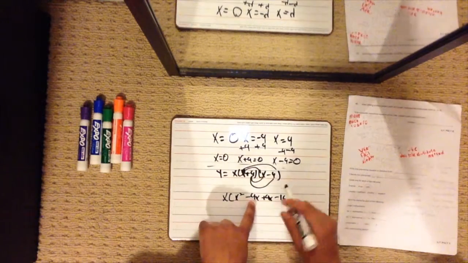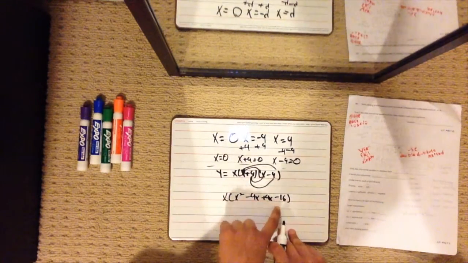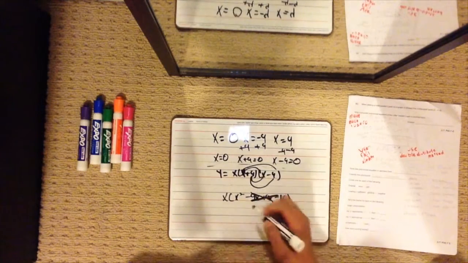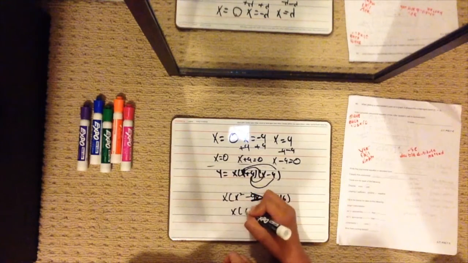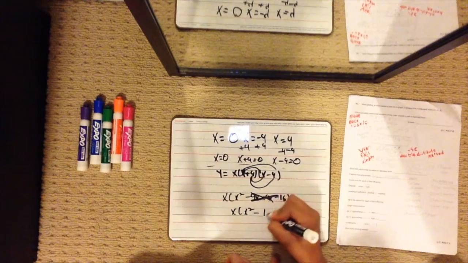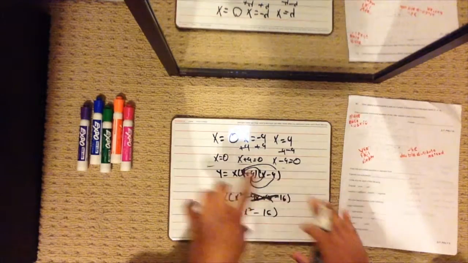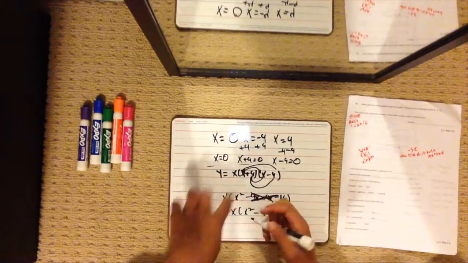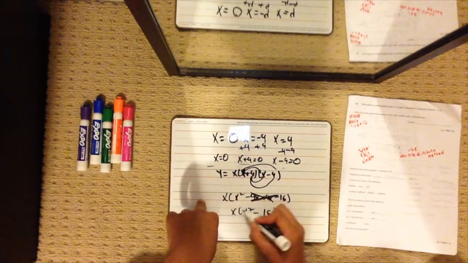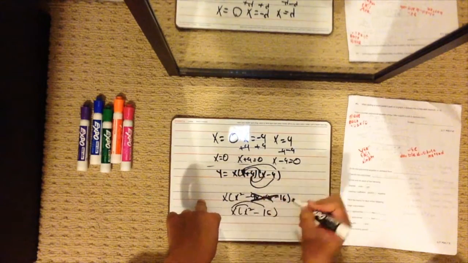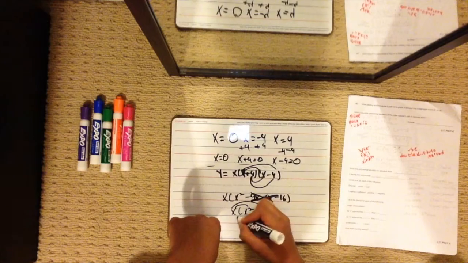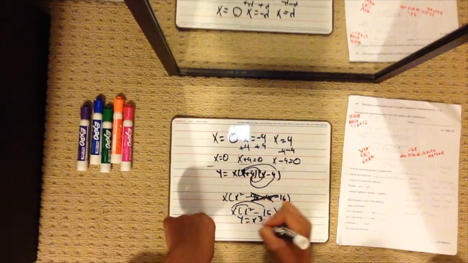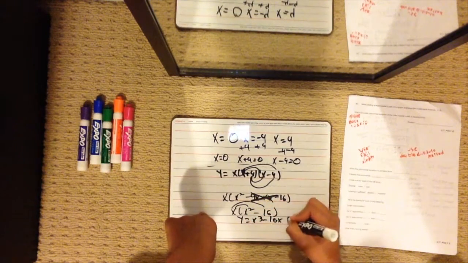Since there's -4x plus 4x, the x terms completely cancel out, and it equals x times x squared minus 16. And from that, you're then going to distribute x onto these two, which will equal y equals x cubed minus 16x, and that's standard form.